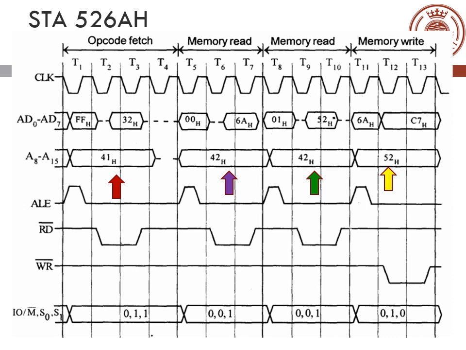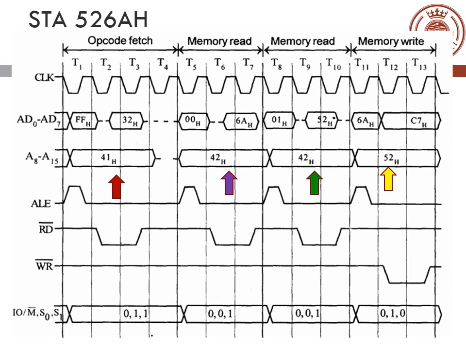Okay, so till now you were operating on RD bar. Right now in the final machine cycle we are going for the memory write operation. In that case WR bar will go low. So we are not using the RD bar signal, you are using the WR signal in the final machine cycle. Now the address to which you need to write the value is 526A.